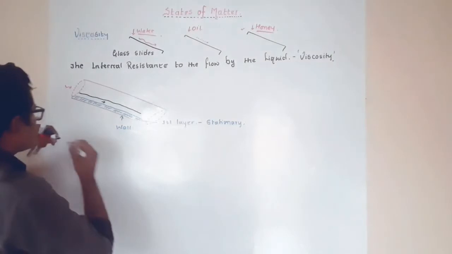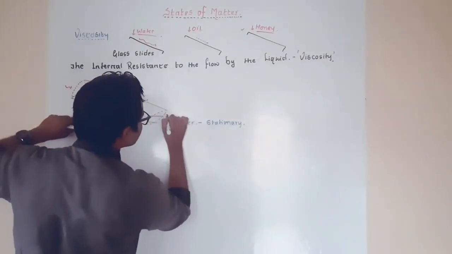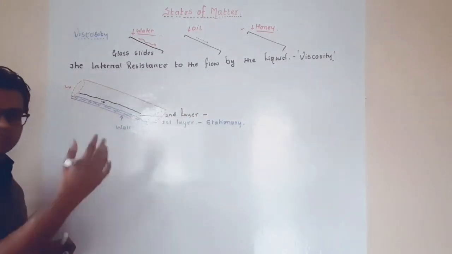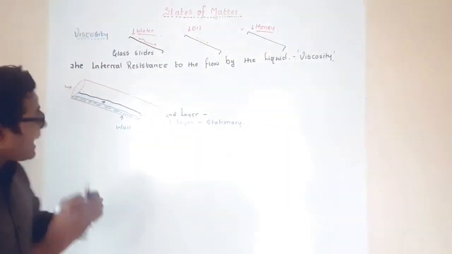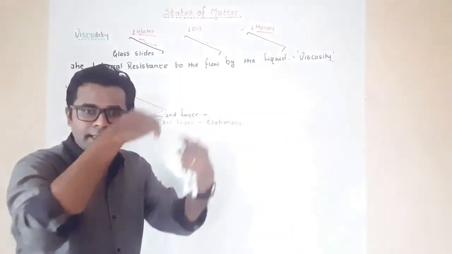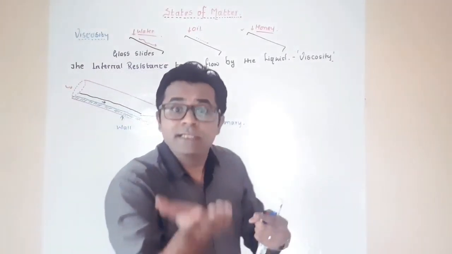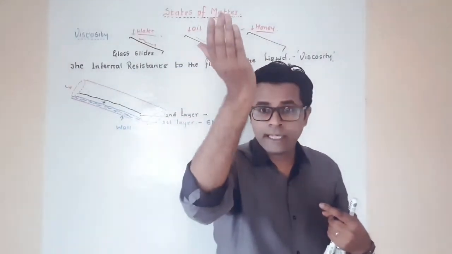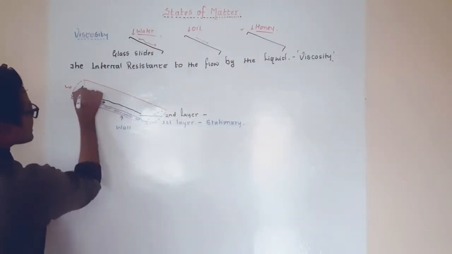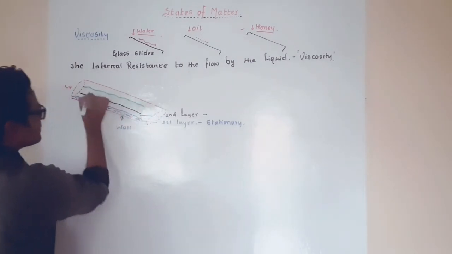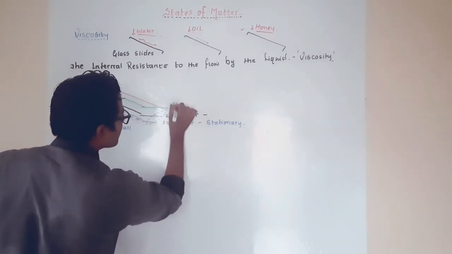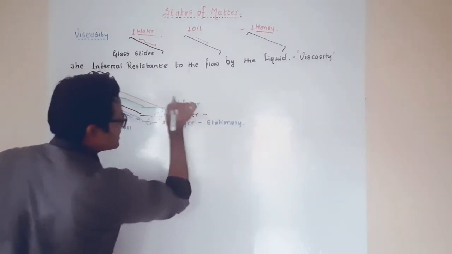Now, this one, let's consider this as a second layer. Of course, this layer flows with a certain amount of velocity. Now, as we go to the topper layers, the adjacent layers, the velocity goes on increasing. There is a regular increase in the velocity. Let's say this is the third layer of the same liquid. Now this particular liquid flows at a much greater speed.